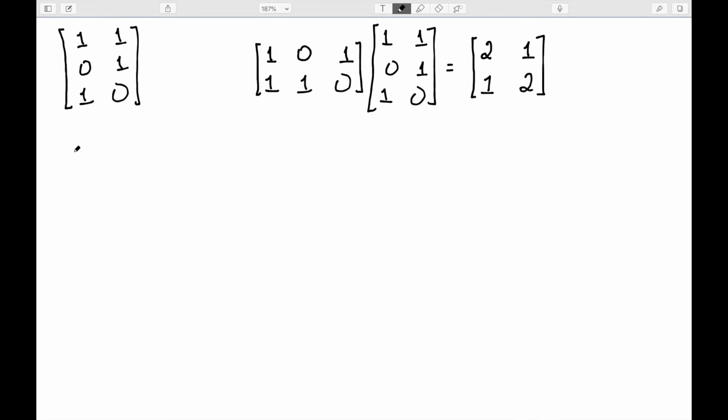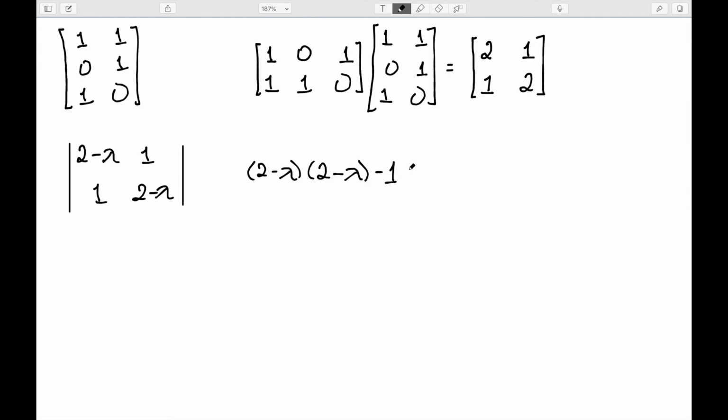And then I want to find the eigenvalues of that matrix. So we subtract lambda from the diagonal. So that would be 2 minus lambda times 2 minus lambda, minus 1 is equal to 0.